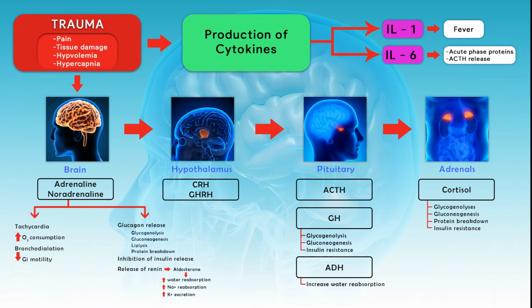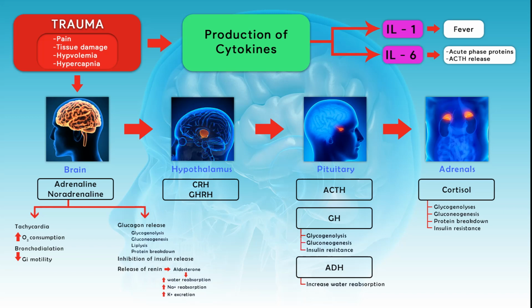Different stressors like trauma can affect homeostasis to various extents. These result in various changes, and these changes are called metabolic responses to trauma. Trauma is associated with pain, tissue damage, hypovolemia, hypercapnia, etc. Inflammation and response to infection and tissue damage results in production of cytokines.